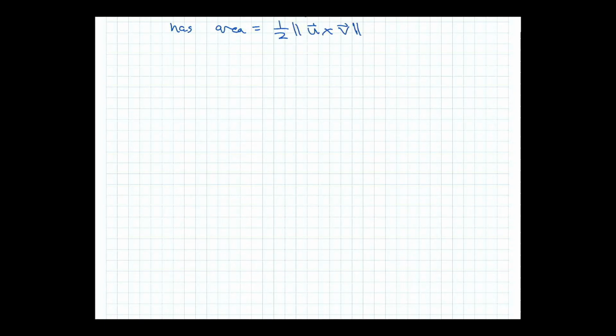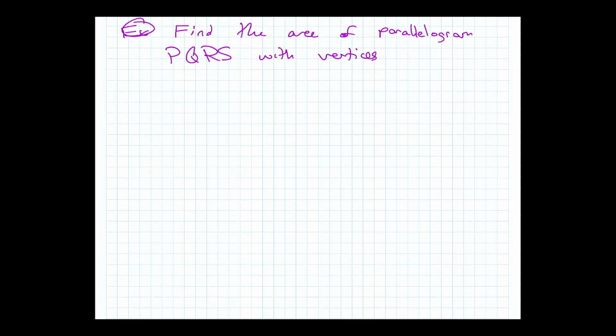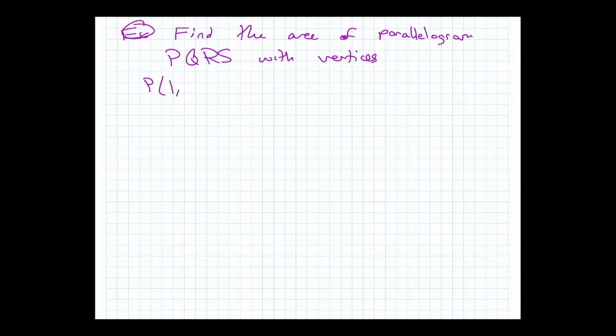And so here is a good example. Find the area of parallelogram PQRS with vertices P(1,1,0), Q(7,1,0), R(9,4,2), S(3,4,2).